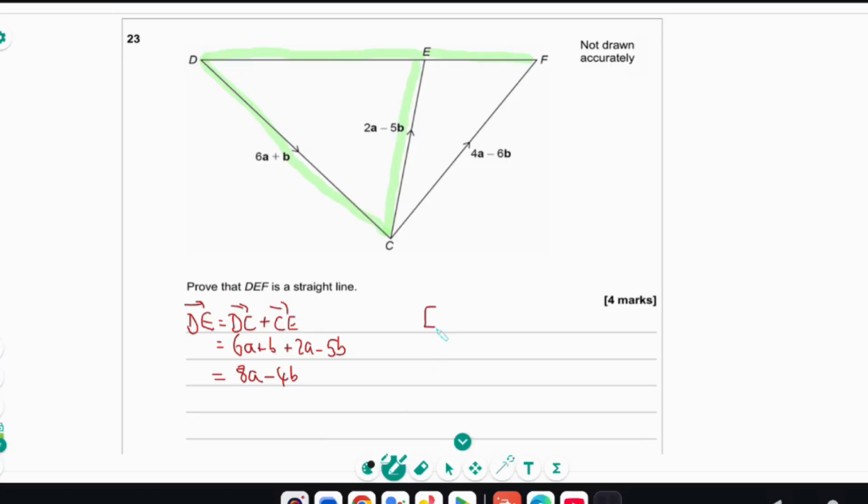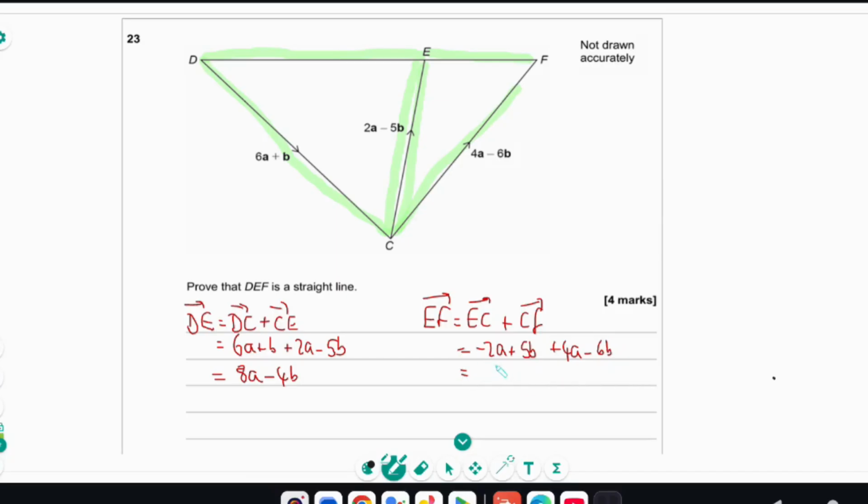EF is equal to EC plus CF. EC, going back the wrong way through the arrow, so it will be negative 2A plus 5B plus 4A minus 6B.